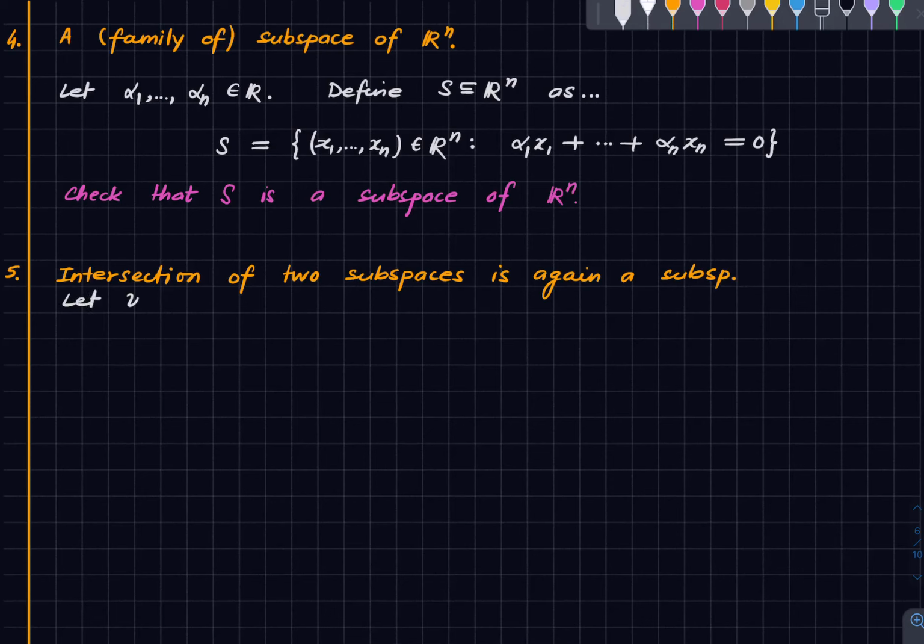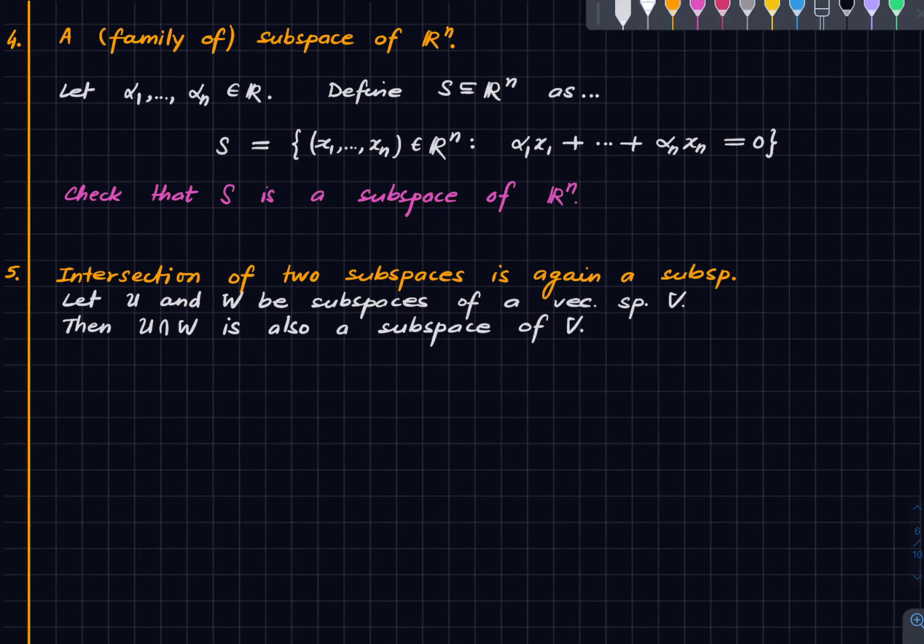Let U and W be subspaces of a vector space V. Then U intersection W is also a subspace. Okay? And it is immediate from just the definition of a subspace.